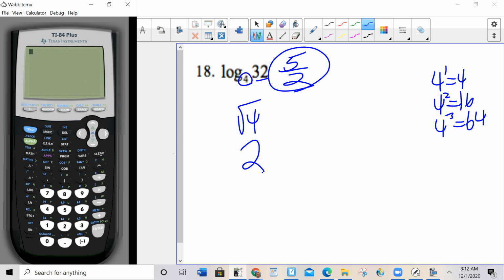So if I wanted to do this question in the calculator, to type log with a base in, I hit alpha, window, option 5, log base. The base is 4. After that comes 32, and I get my answer. This gave it to me as a decimal instead of a fraction, but obviously it's equivalent.